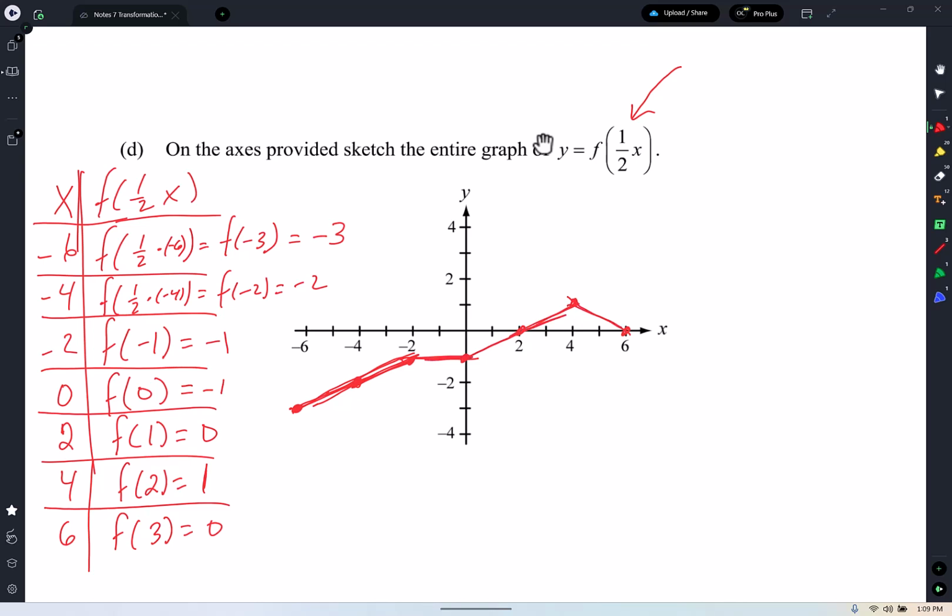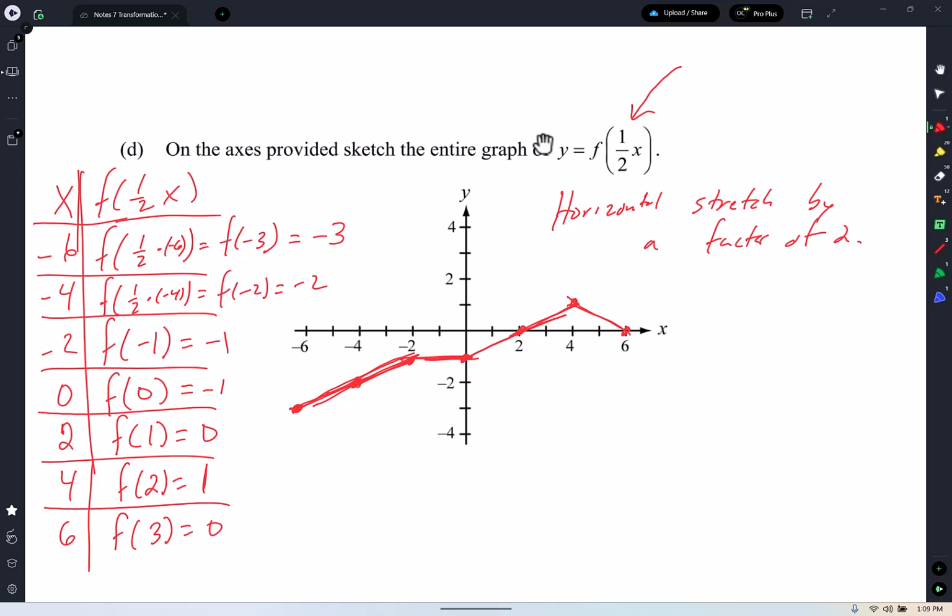There was a horizontal stretch by a factor of 2. You can see if you were to pull on the x-axis, the original image would start looking like this if you did a horizontal stretch by a scale factor of 2.